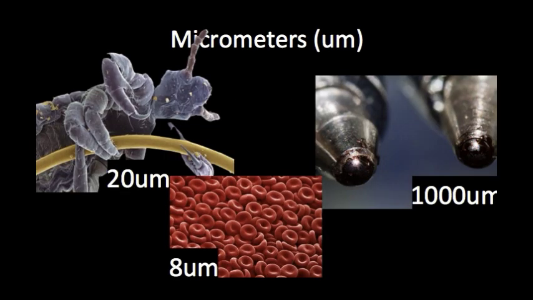And here are some examples of what micrometers look like. We can see an image of an ant here and a scale of about 20 micrometers across that scale. And I always remember that the ball in a biro is about 1,000 micrometers across.